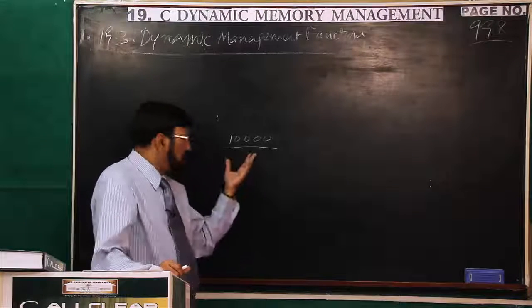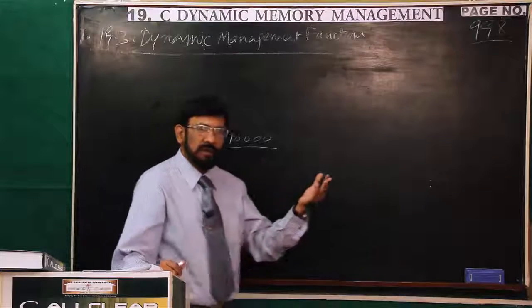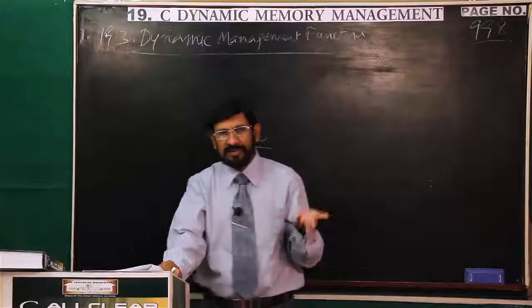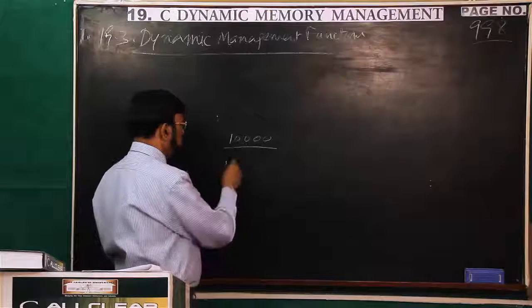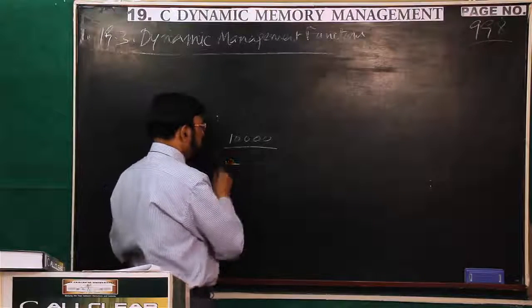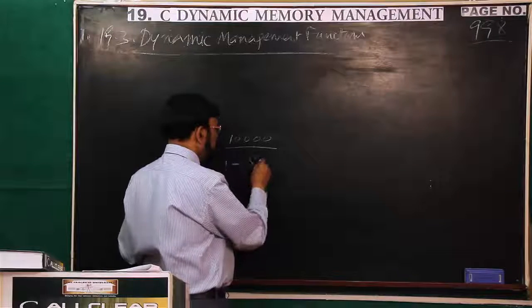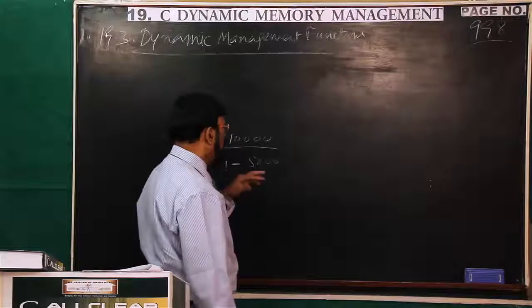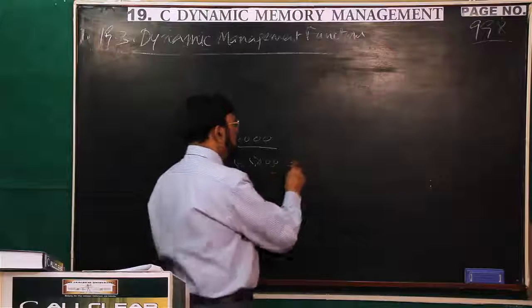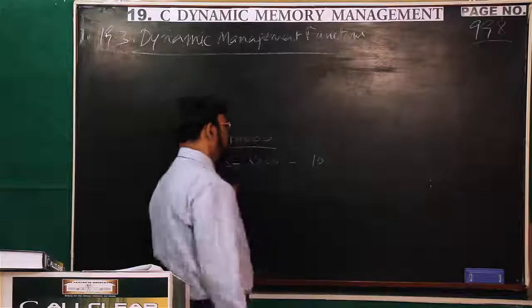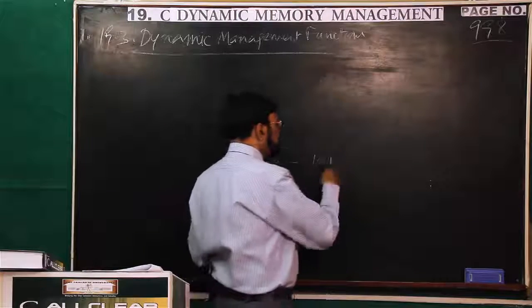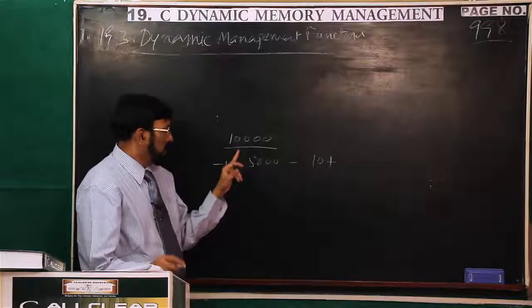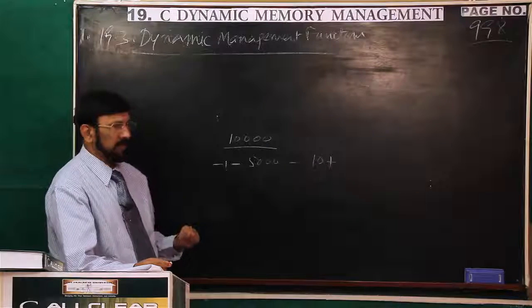Many of the shareholders may purchase shares and may sell shares. Suppose one shareholder, just a simple example, who is having 5,000 shares sold them off, and in turn 10 people purchase that. Now 1 minus and 10 plus for the 10,000.